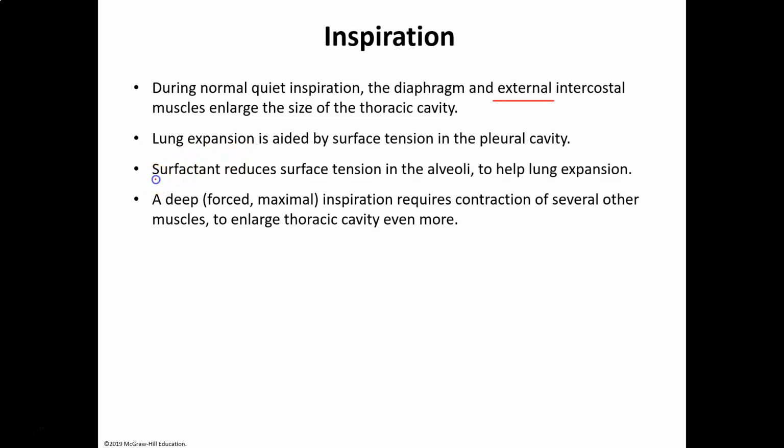Remember, the type 2 pneumocytes produce surfactant that reduces surface tension in the alveoli. That helps the lung to expand. A deep, forced maximal inspiration requires contraction of several other muscles to enlarge the thoracic cavity even more. We're going to get to how that works.